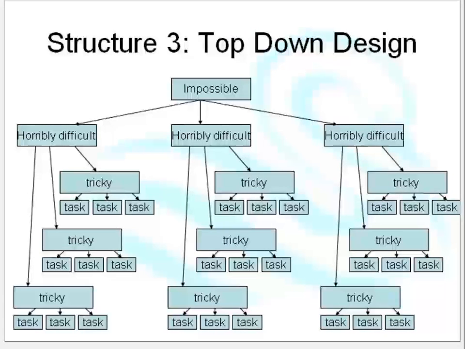For instance, when the Titanic was designed and built, it was done by Thomas Andrews, I think his name was. And Mr. Andrews designed every part of the Titanic, from the keel plate to the door handles. It was bottom-up design.